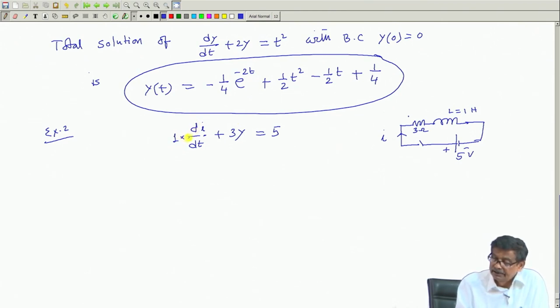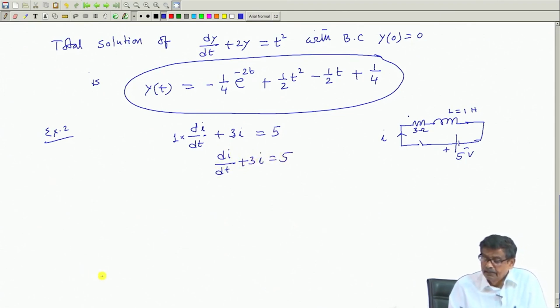L di/dt, with L as 1 Henry, 1 into di/dt plus Ri, and that is 5. So, it is a first order differential equation in this form: di/dt plus 3I is equal to 5. We have solved it earlier, but now I will apply this method to solve it very quickly.